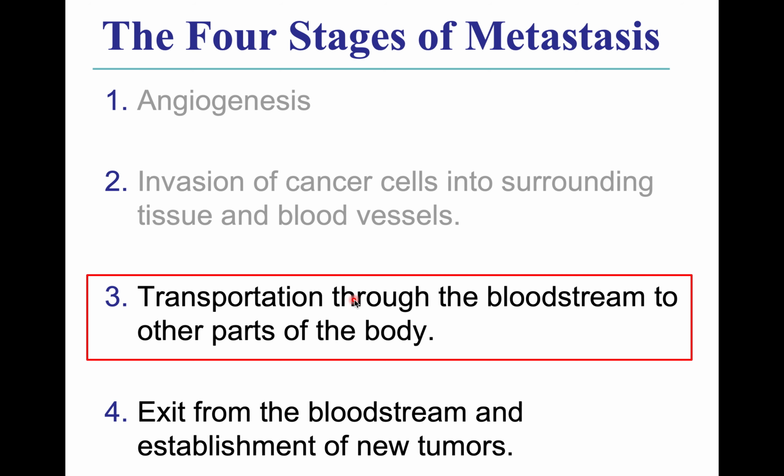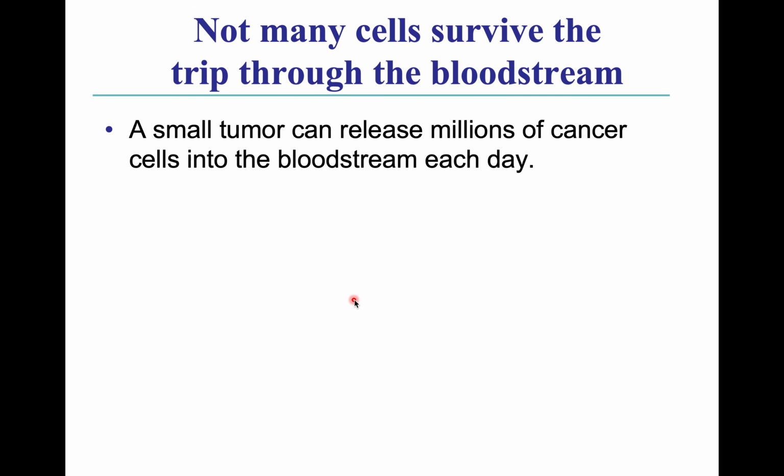All right, so cancer cells will detach from the tumor, move through the extracellular matrix, and invade the circulatory system. And then the third stage of metastasis is going to be their transport through the bloodstream to distant parts of the body. And I should start this by saying most cells are not going to survive the trip through the bloodstream.